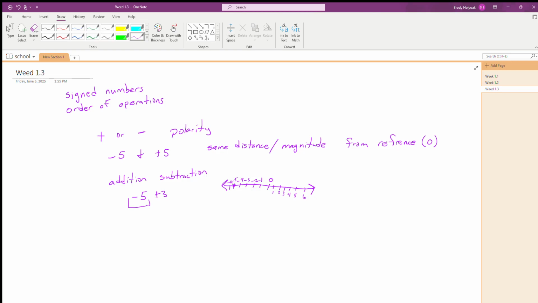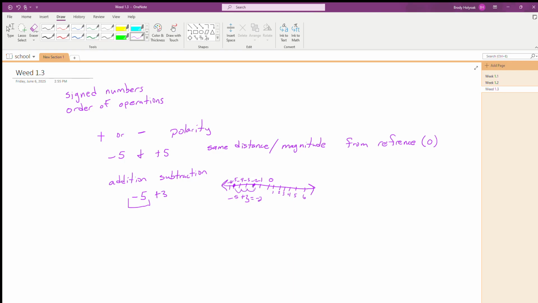This -5 is going to go up 3 spaces: 1, 2, 3, putting it right here at my -2. So there is my -5 plus 3, moving it up to my -2 value.